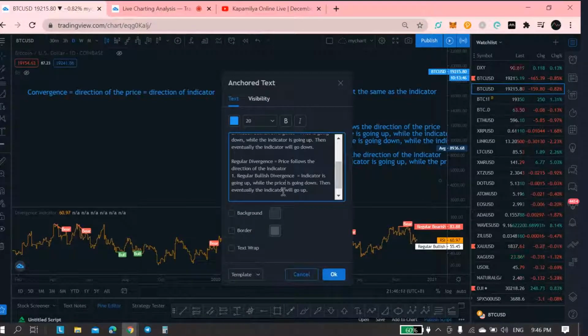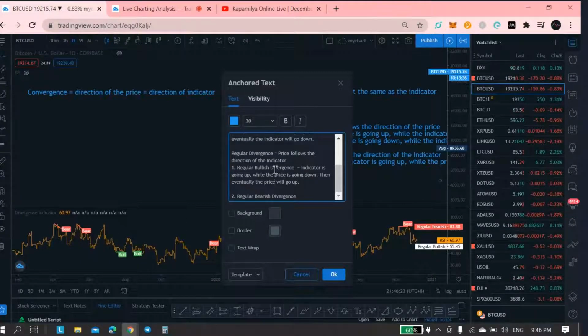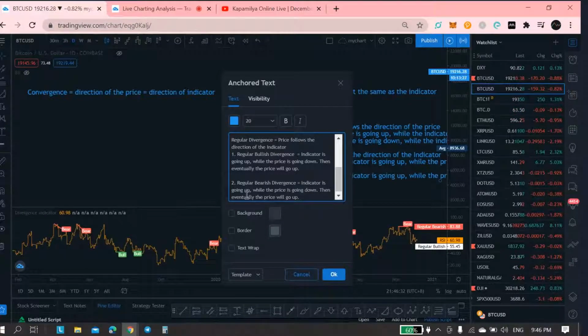Then eventually the price will go up. And for the bearish one, instead of going up, it's going down, because it's bearish, while the price is going up. Then eventually the price will go down.